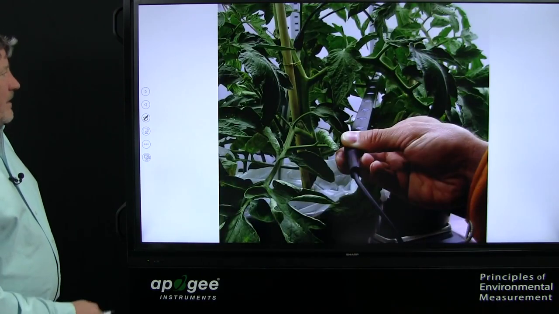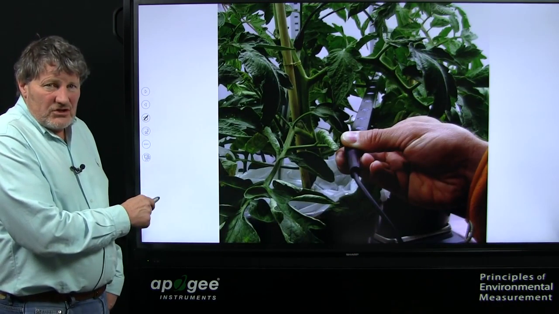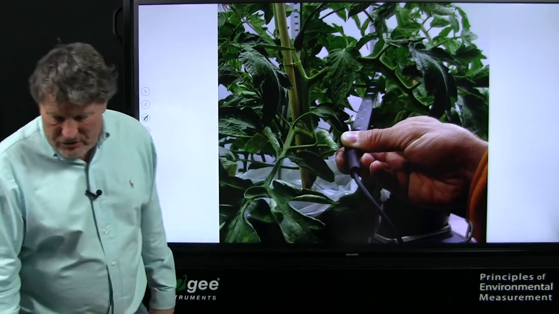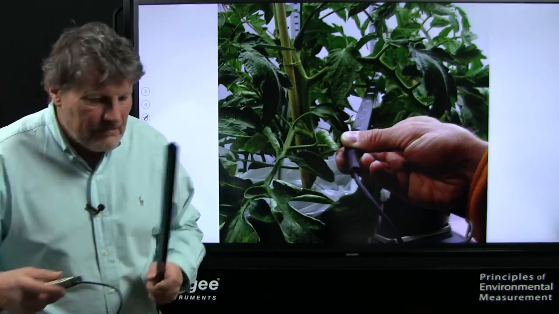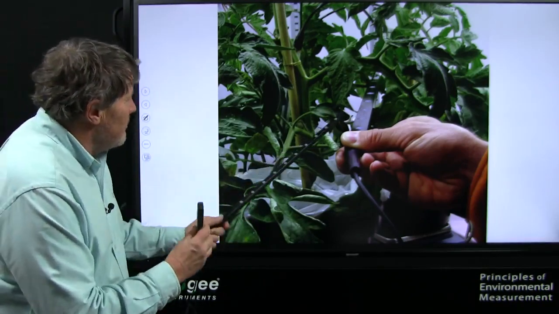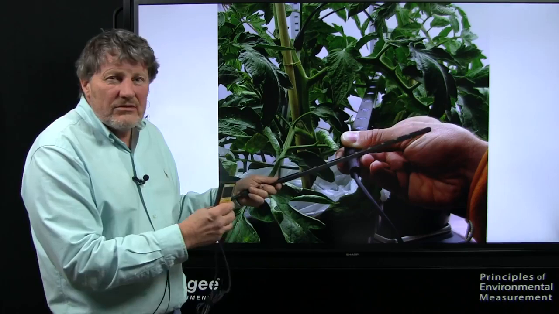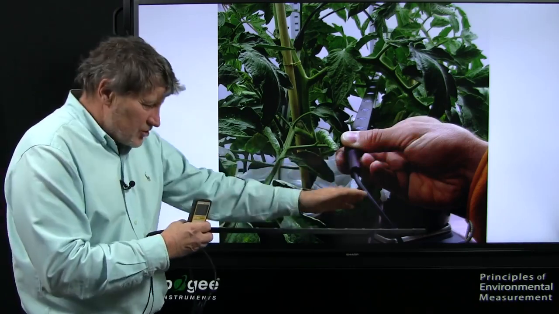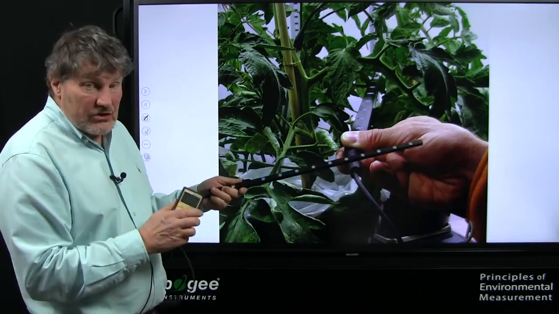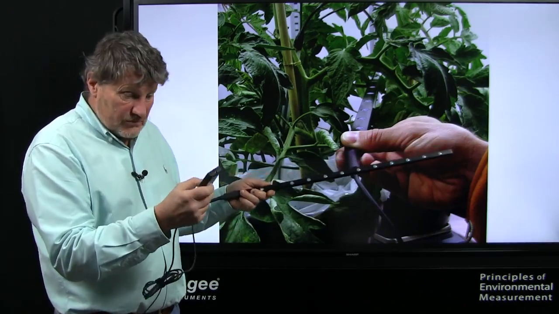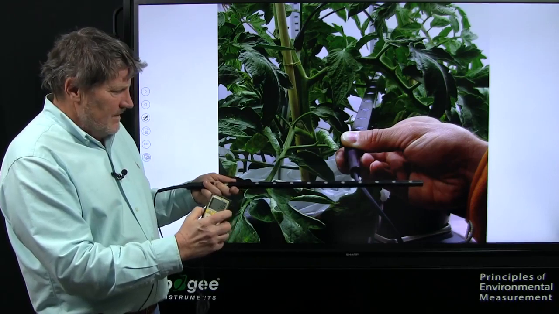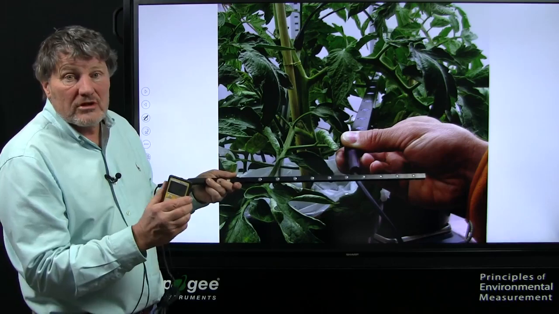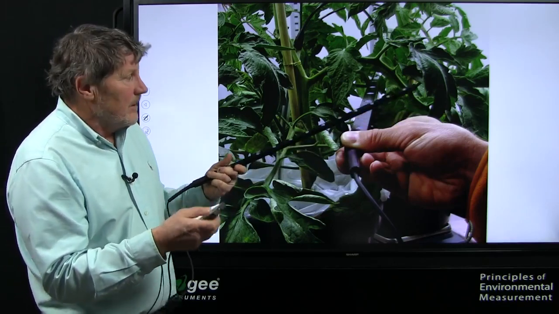Okay, so I'm going to conclude on this slide. Apogee also makes a line quantum sensor, and it looks like this. When we want to measure radiation underneath the canopy, it's really variable. There's bright light and shadows, so this sensor averages the light over the whole length of it. And if you start to cover some of it, it gives you a proportionately reduced reading.